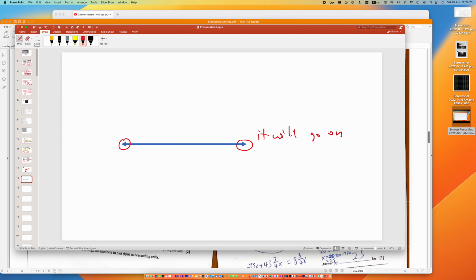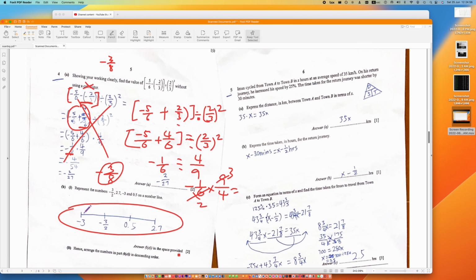This arrow shows that it will go on and on in the positive direction. This arrow will go on and on to show that it will continue in the negative direction. So you must have these two arrows. That's called a number line. Without the arrow, for your answer here, it means stop.